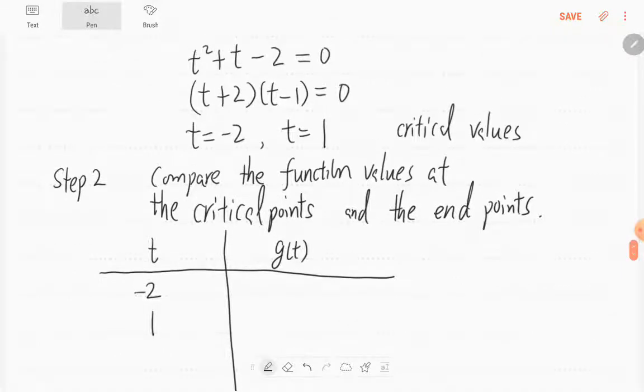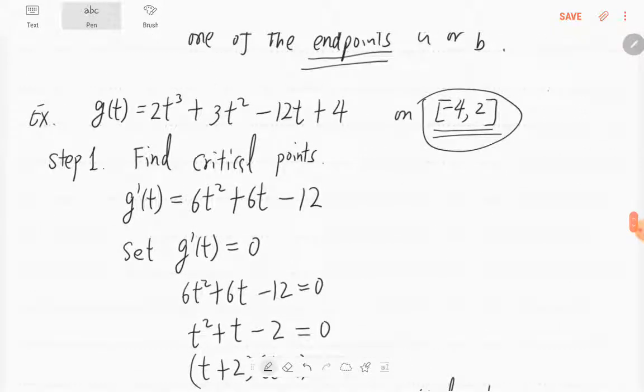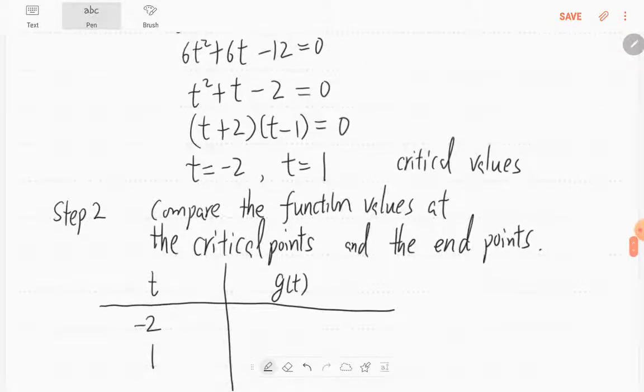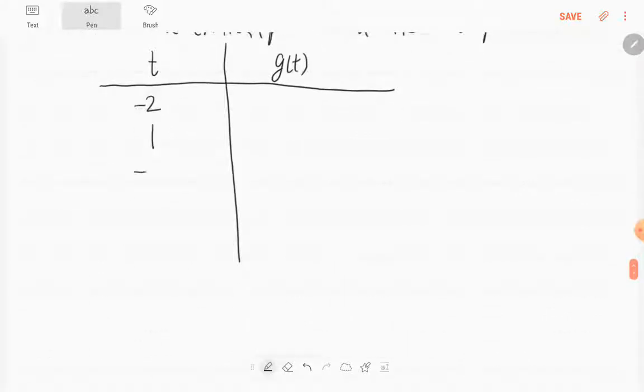And the endpoints are -4 and 2. Then we plug in the numbers, right? Do not plug into the derivative; we should plug into the original function.